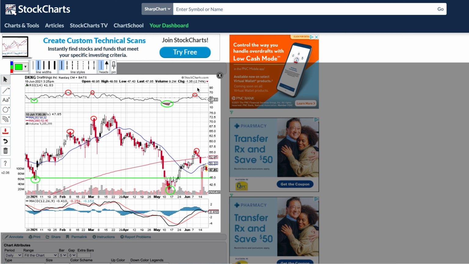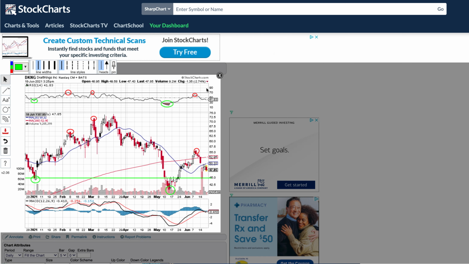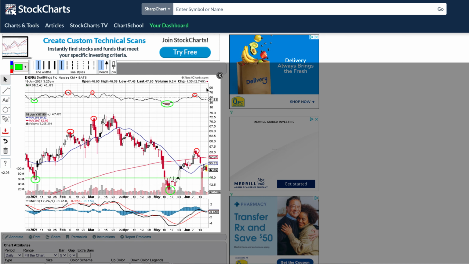Level 70 and above means that the stock is overbought. A lot of people bought the stock up, it ran up, and now it's primed for a correction. That's where you want to be hitting the exit and taking profits if the investment is a shorter term trade. On the flip side, when the RSI level is down here in the 30s, this is where a good buying opportunity or entry into the trade usually is.